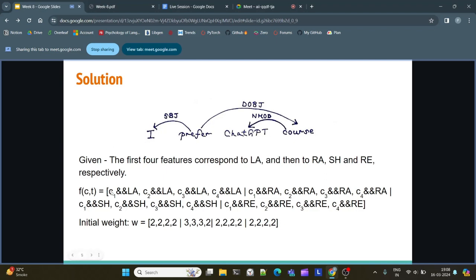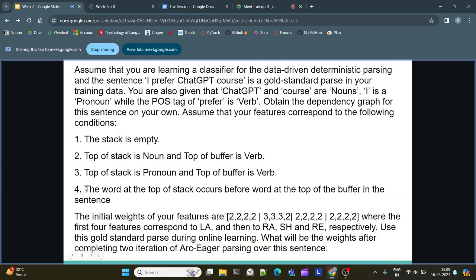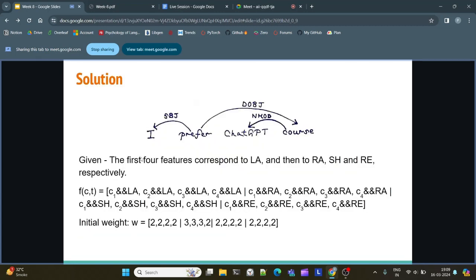Okay, so let's design the features. Given a configuration, I need the corresponding feature, and the feature is a function of the conditions that are given to us, along with the transition. Here we ensure that we are making four copies for each of the conditions so that it is independent of the transition that we have.